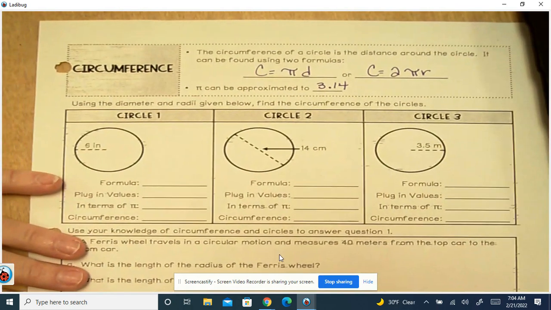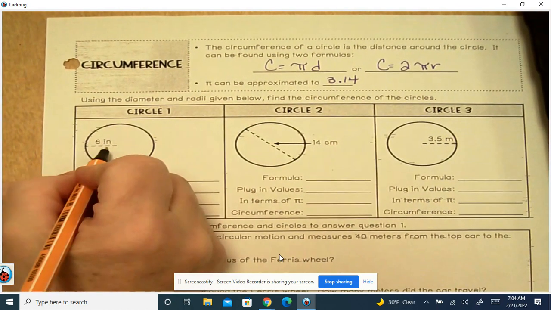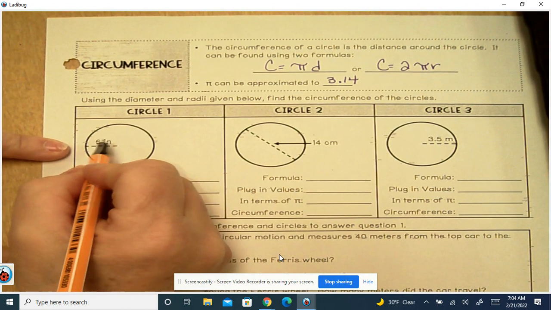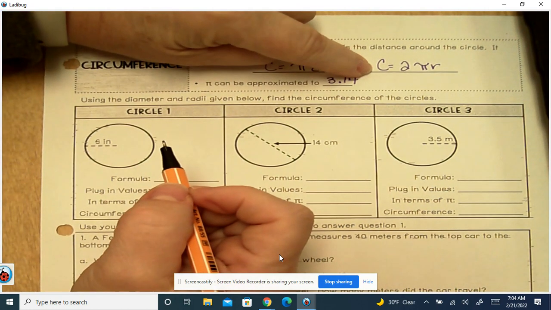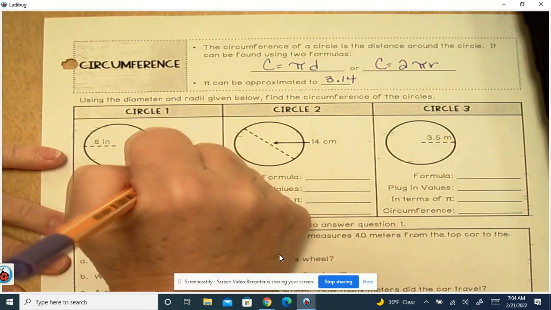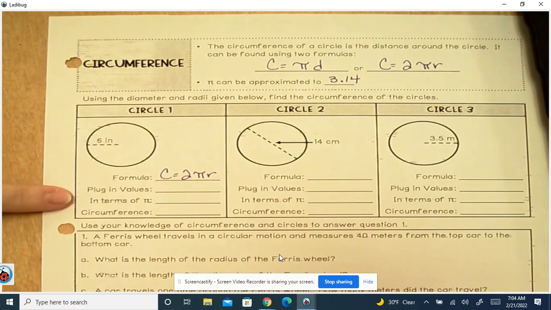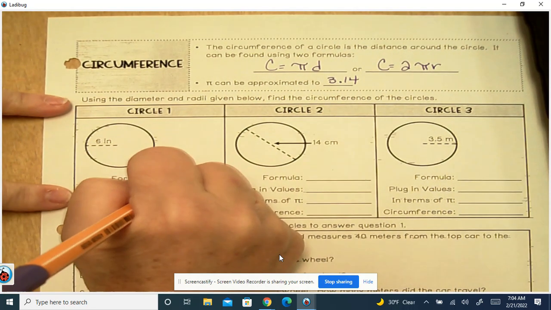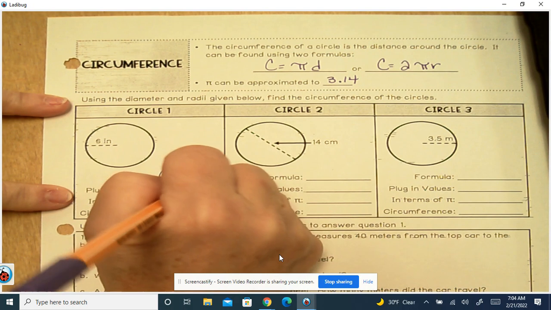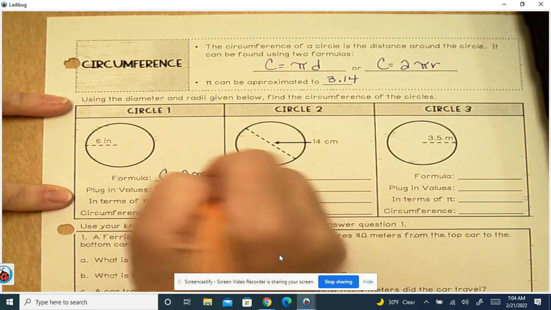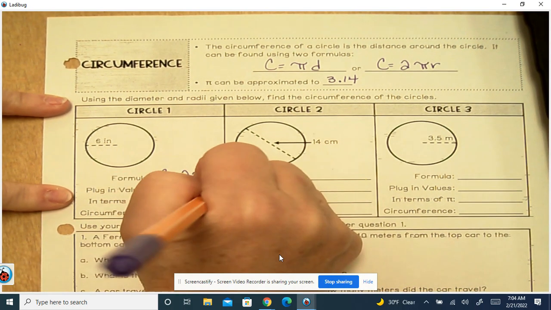All right. In circle 1, we have a radius of 6, so we would use this formula right here. Our formula is circumference equals 2 pi r, where r is the radius. We plug in the values: 2, pi is approximately 3.14, and the radius is 6.